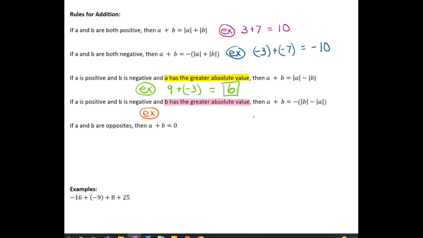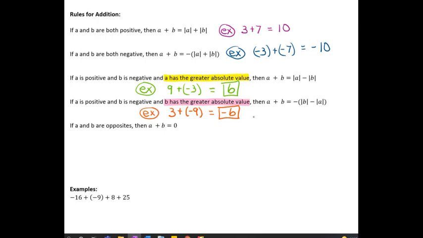So for example, using 9 and 3 again, what if I said 3 plus a negative 9? Well, again, if I look at the difference between 3 and 9, it's 6. But because the 9 is negative, we know that our answer should be a negative 6 because our negative has a bigger absolute value than the positive.